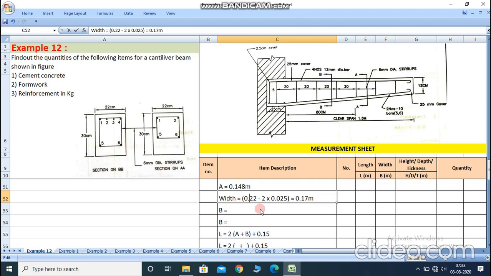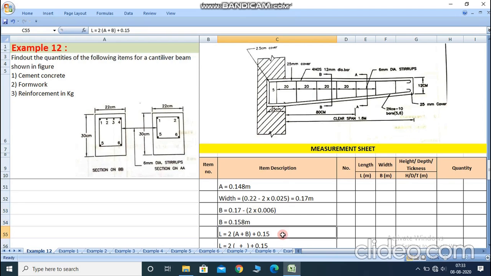So we got the answer 0.17 meter. Now we calculate the value of B, 0.17 minus 2 times diameter of the stirrup, 0.006. So we got the answer 0.158 meter.